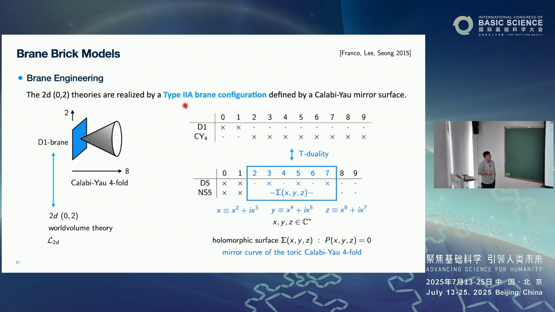If I look at the configuration of D1 branes probing my toric Calabi-Yau fourfold, I can T-dualize this along 3 directions, giving me a D4 brane suspended between an NS5 brane, where the NS5 brane now wraps a holomorphic surface, my mirror surface, associated to my toric Calabi-Yau fourfold. The mirror surface is defined by the zero locus of the corresponding Newton polynomial of the toric Calabi-Yau fourfold itself.